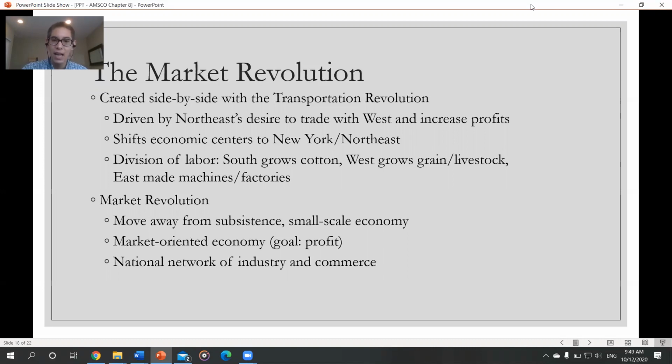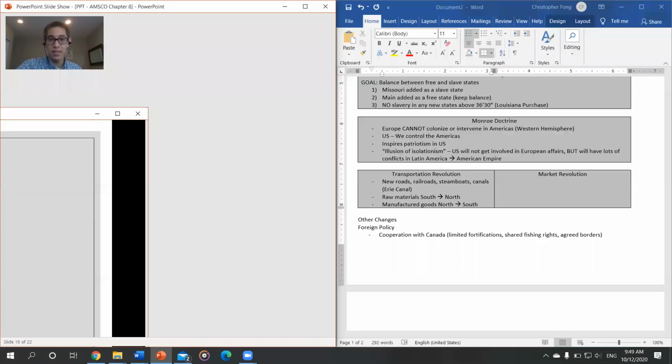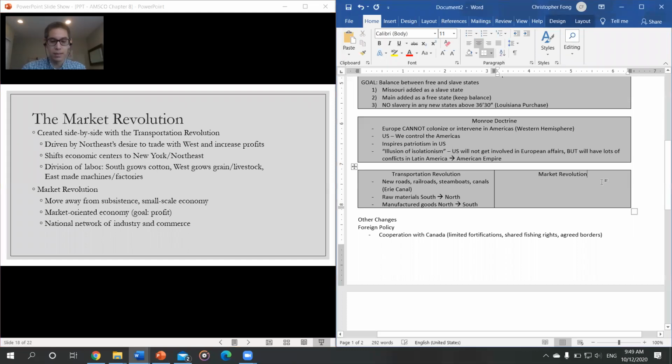This shifts the economic center to New York and to the Northeast because that is where all of the trade and whatnot is happening. So there's a division of labor. South focuses on cotton, the West focuses on livestock, and the North or Northeast focuses on manufacturing.